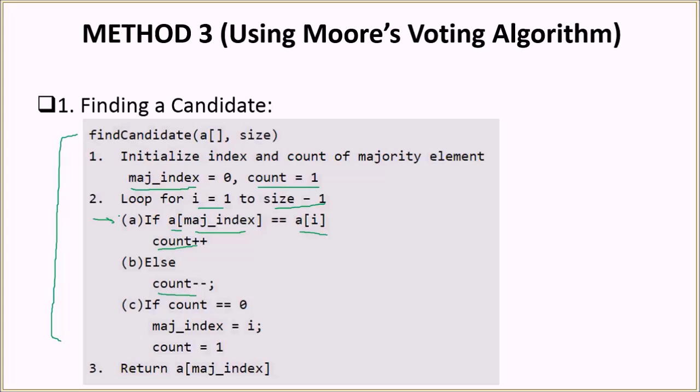That is the whole incrementing and decrementing thing which works here. Also, if at any point the count becomes 0, then we again initialize the majority index to the current index, and we also reset the count value to 1. In the end, we will be left with a candidate for being the majority element.